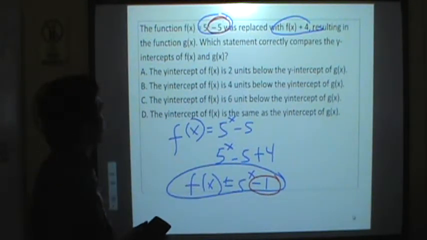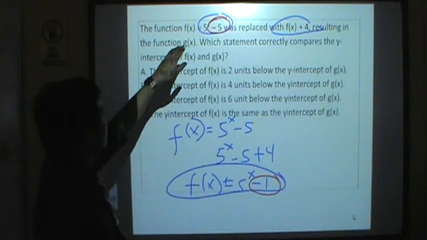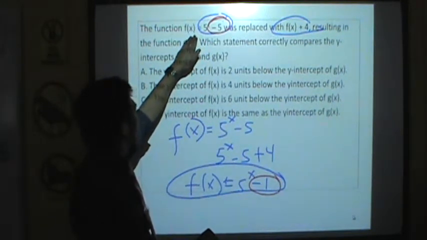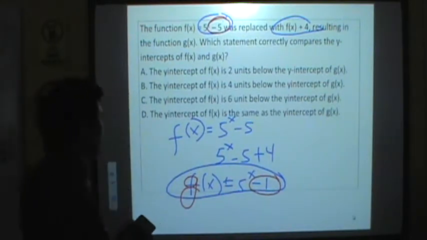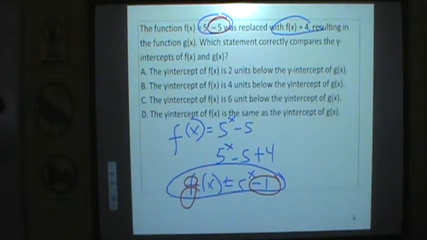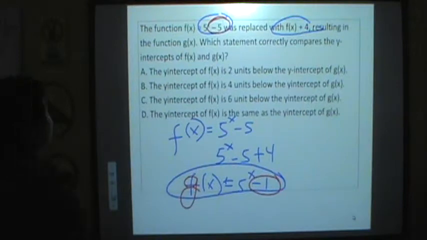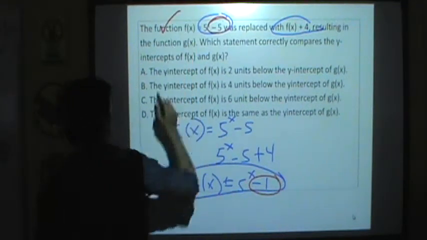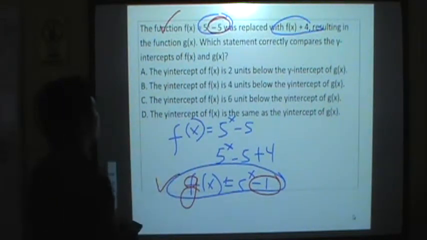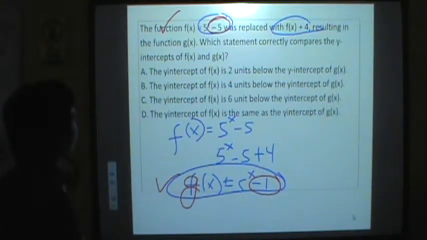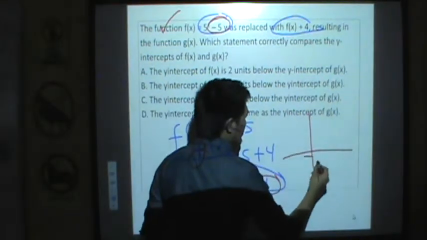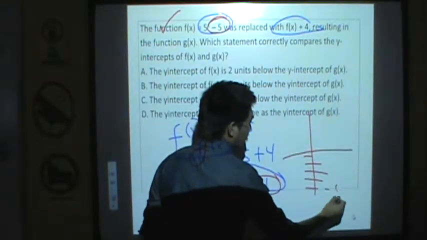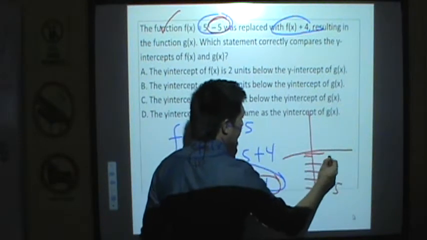So the question is, what happened from the first function going down to, by the way, I'm going to change this to g because that's a new function. So what happened to the function f of x down to the function g? Here, from negative 5, it went up to negative 1.